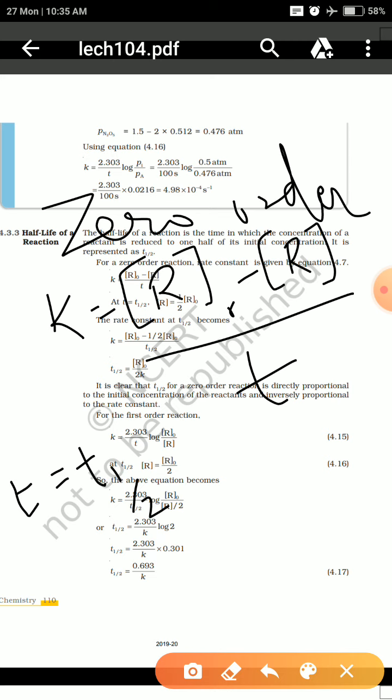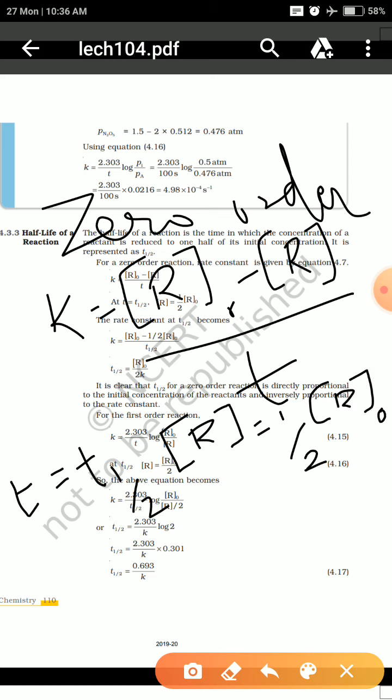What happens in a half-life reaction? If the time taken is the half-life, then definitely the concentration of the reactant R will be half of the initial concentration of the reactant.